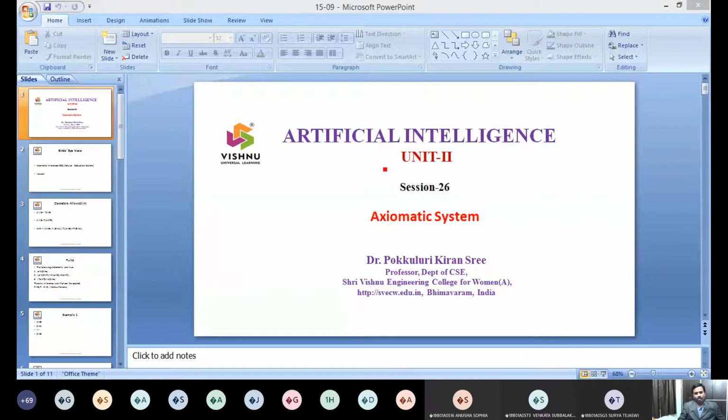So the axiomatic inference mechanism that we studied yesterday and the day before yesterday is called the first version. The version name is natural deduction system. A natural deduction system allows all the operators, and at the same time it allows all the rules.